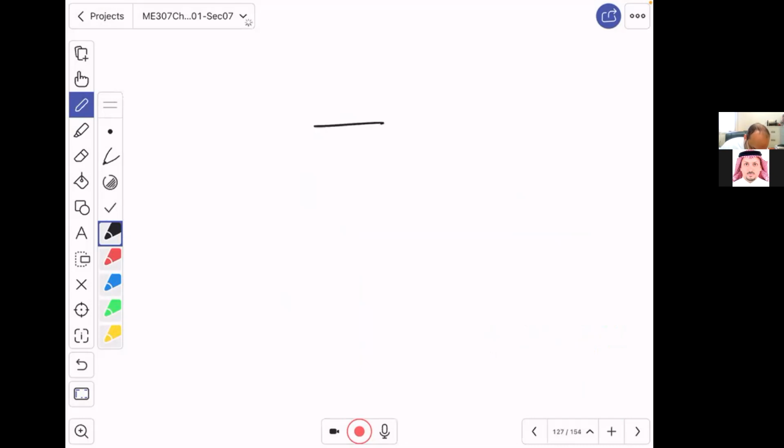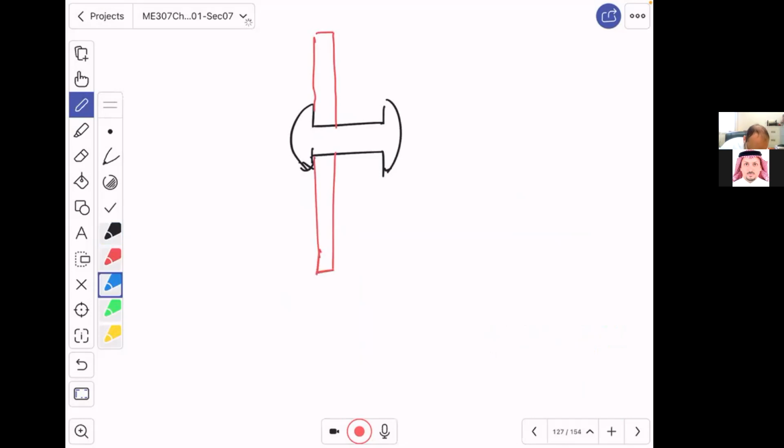If the rivet is like this, and you have a plate which is riveted with another plate. Let's just assume, just for the assumption.